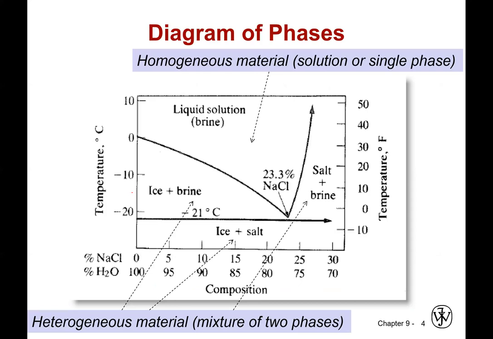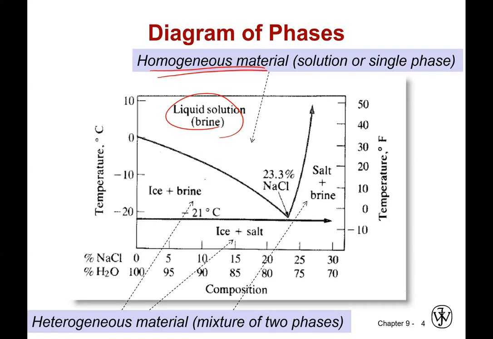The liquid solution is called a brine, and this homogeneous material, the liquid solution, here is a single phase. It could also be a solid solution in the case of the solids. This is the homogeneous part.